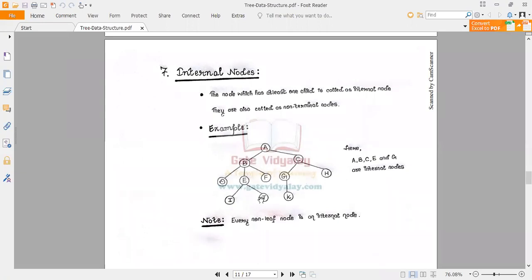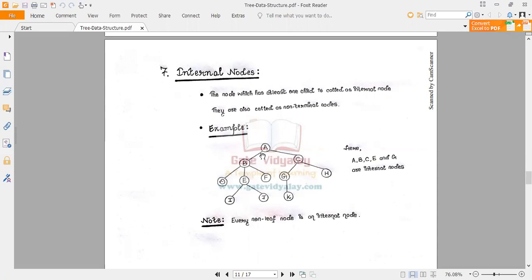So any node having leaf nodes will be considered an internal node. So here A, B, C, E and G will be considered internal nodes, and D, F, I, J, K and H are the leaf nodes. They are the edge. They are the last point of the tree. So they are not considered internal nodes. All the rest are considered internal nodes.